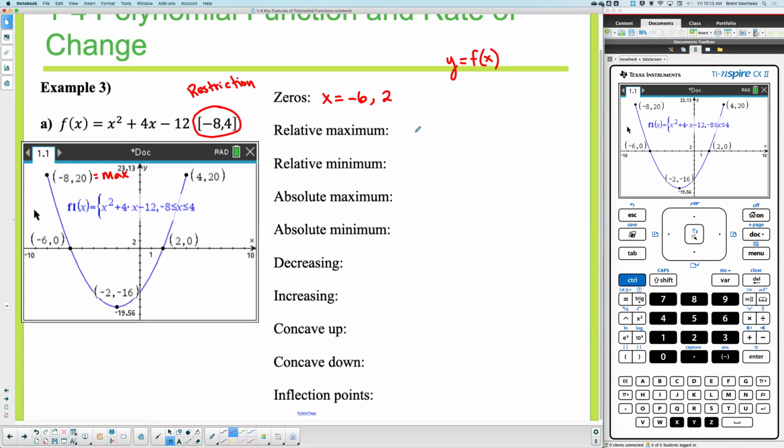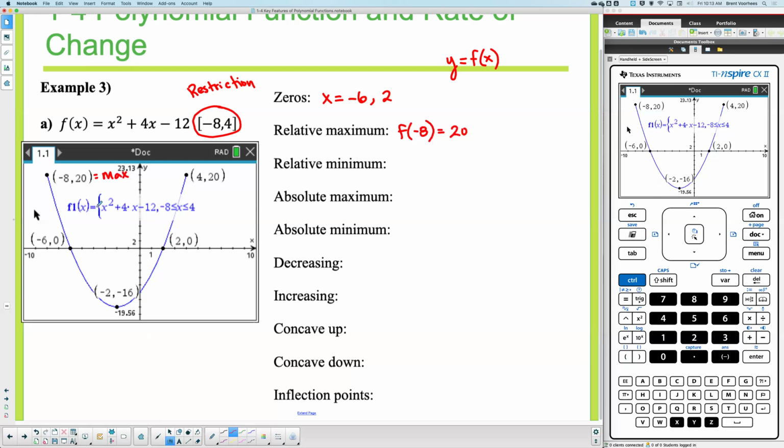What I'm going to do is say f of the x value, which is -8, equals the number 20. So what I did here is I plugged in the -8 in the place of x, and I put the y at the end here. I put 20.